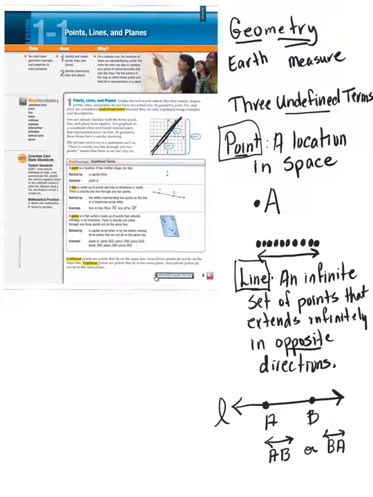And the third undefined term is the word plane.